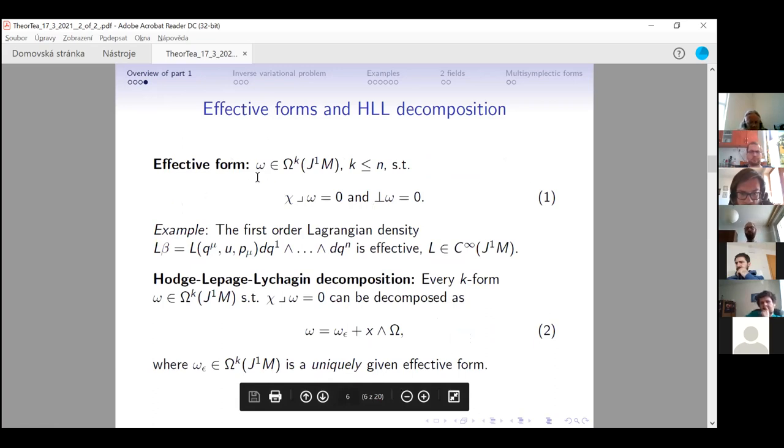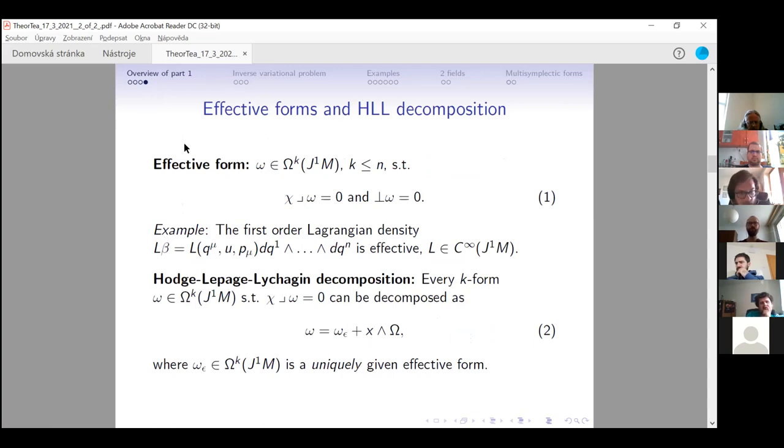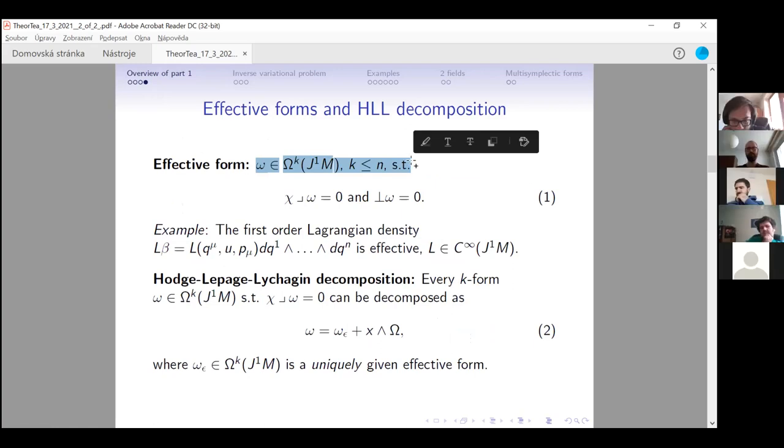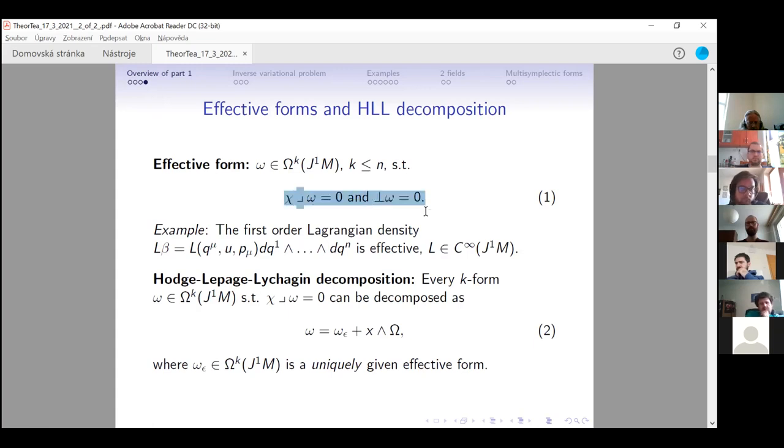Okay, so we also introduced, still we are in the overview of part 1, but this is the last slide, the key notion, the effective forms. Those are two conditions for a form to be effective. Contraction with the Reeb field must be 0, and the bottom operator, which is contraction with the dual to the symplectic form, is 0 as well.